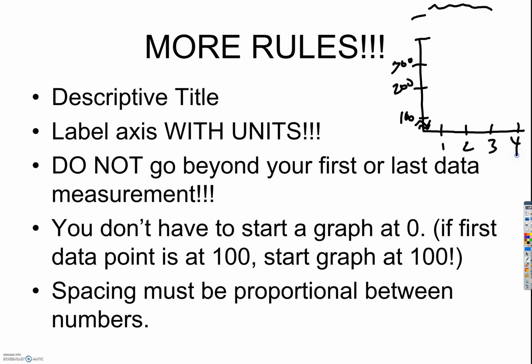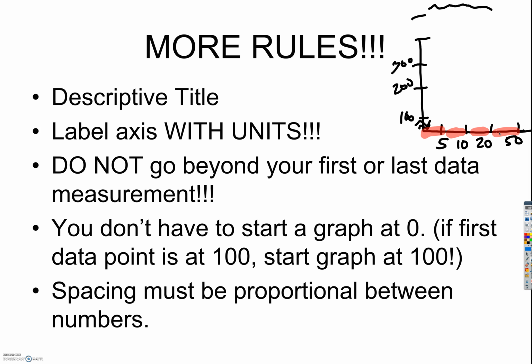That's not a problem. That you are allowed to do. But what you're not allowed to do, that I have seen people do, is something like this, where they go 5, 10, 20, 50, and they keep going. If you've decided that the distance from here to here is 5, then you need to make the distance from here to here 5, and here to here 5, and here to here 5. Whatever scale you choose, you have to stick with it.